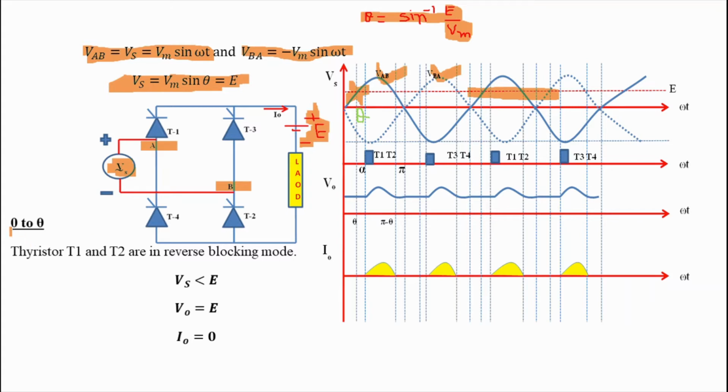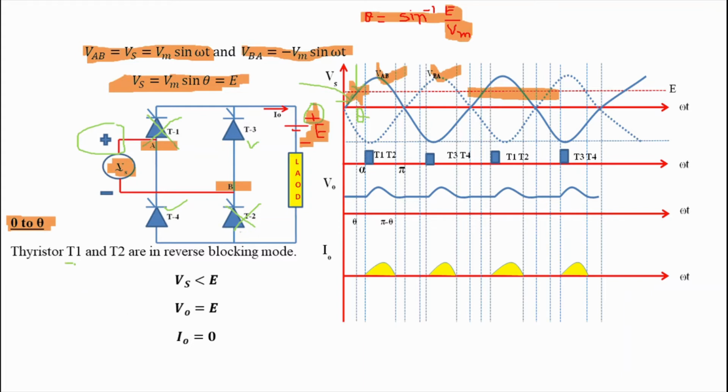First we see the operation from 0 to theta. From 0 to theta, we see that this EMF E is greater than the source voltage. See this waveform. Here the source voltage is less than this EMF E. It means this positive potential is greater than this positive potential. It will make thyristors T1 and T2 reverse biased. So thyristors T1 and T2 are reverse biased and T4 and T3 are already off. So all the thyristors are in off state and T1 and T2 are reverse biased.